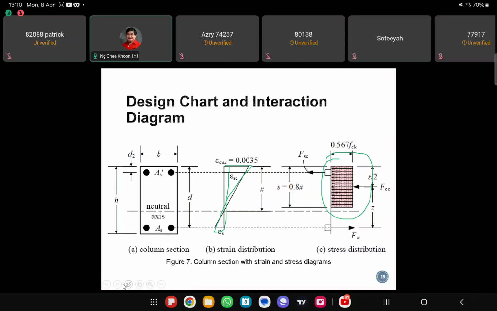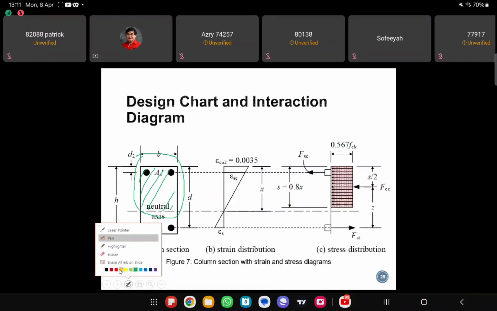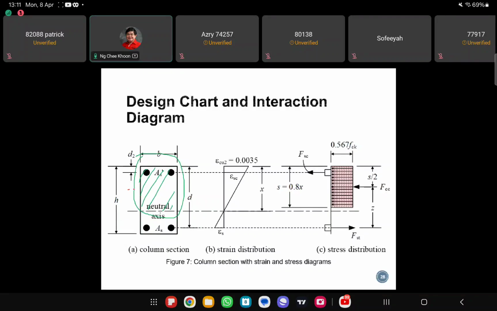But for a column, you have compression. So because of that compression, most part of your cross section will be in compression, right? If you look at beams that you have learned, the neutral axis is actually much higher.